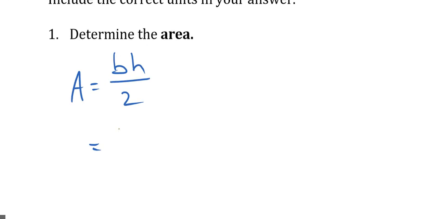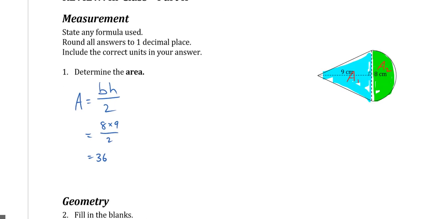So we're going to do 8 times 9 and divide by 2. Let me do that on my calculator. 8 times 9 divided by 2 gives me 36. So the area of the triangle, A1, is 36 centimeters squared.